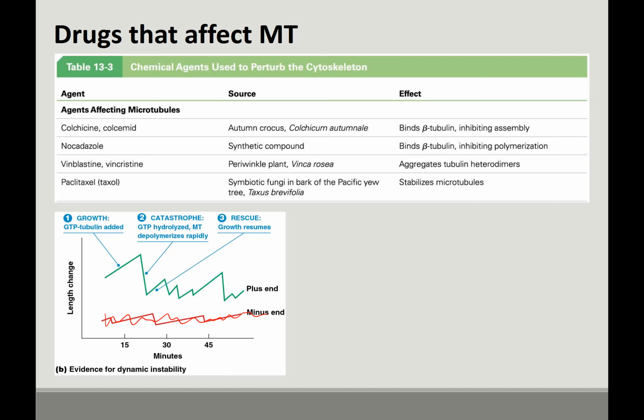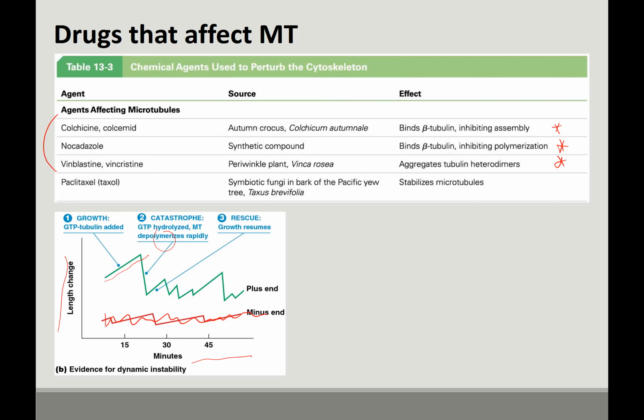What this chart is showing you is time and size, length change, right? So we start out and you've got a whole bunch of GTP-tubulin, so the filaments continuously increase in size. And then something happens and they start to depolymerize. This could be due to the addition of any of these first three drugs here.